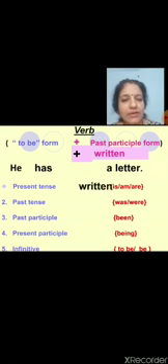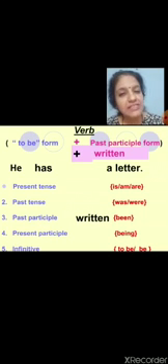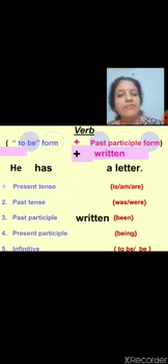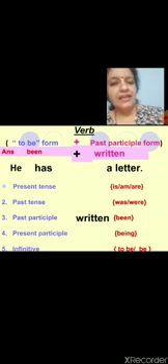Yes, let's find out. Yes, you got the answer correct here. Written, you are right. It's in the past participle form. So, what is the to be form to be used here? Been. So, the verb will get changed to been written.